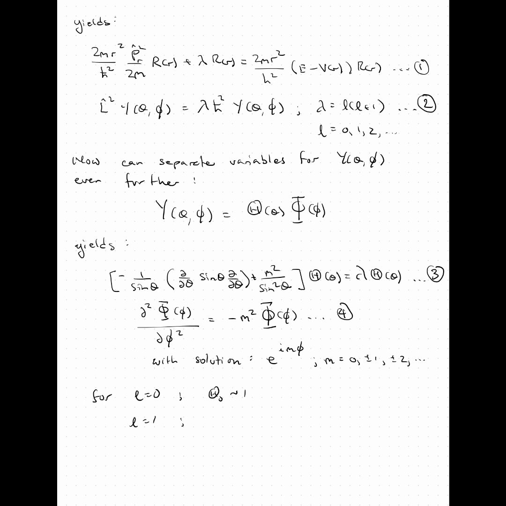For l equals 1, the Legendre polynomial goes like cosine theta. And l equals 2, it goes like a half times 3 cosine squared theta minus 1. Alright, so that's a review from last time.